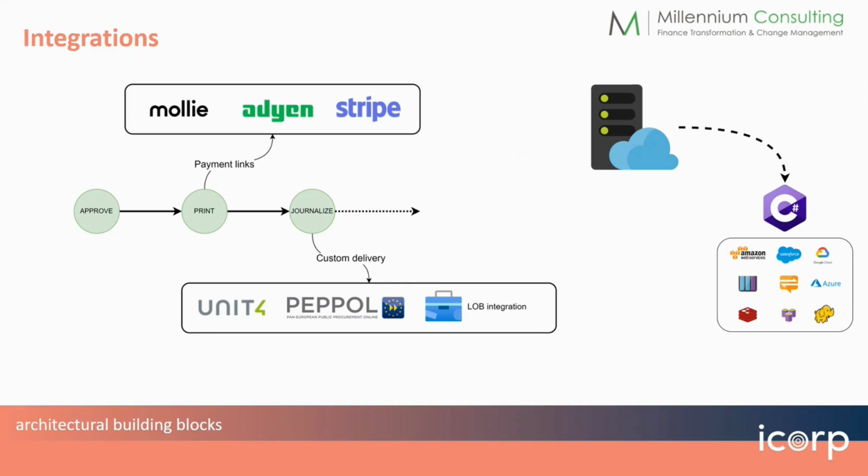For instance, if you're billing to your end customers directly, it might be helpful to generate a payment link on the invoice document, such that the payment can be collected right away. This is one of those integrations. We have Mollie, Adyen, Stripe integrations, but if there are more payment providers, we can add them to the solution.